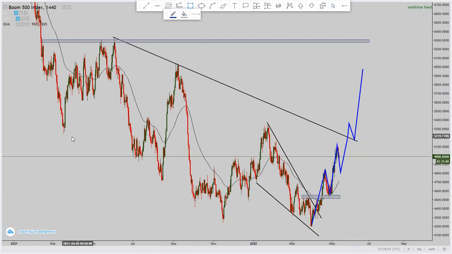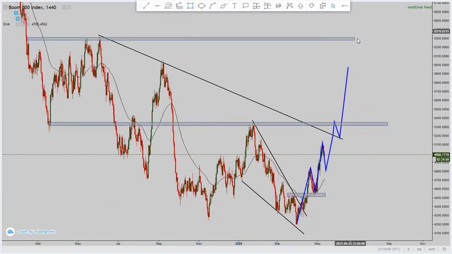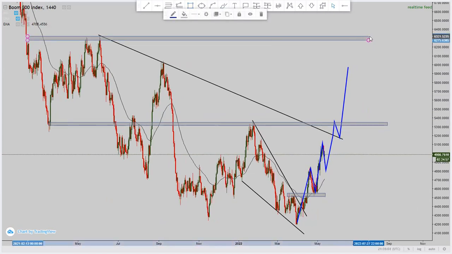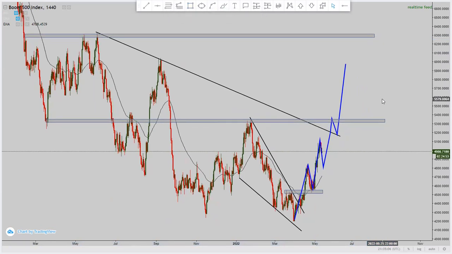For people who are afraid of following the trend, because the trend is the most important thing, and you're just used to one side of the trend, you can take advantage of your Boom 500 right now, which is in an uptrend already, and identify the buying opportunities based on confirmations.